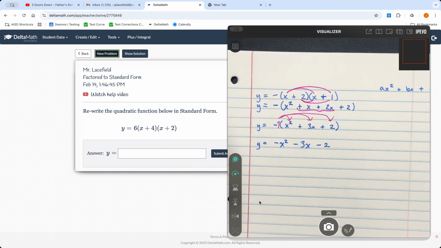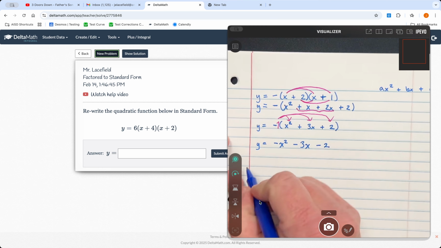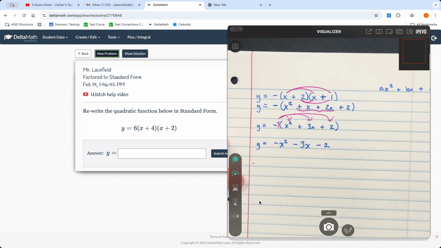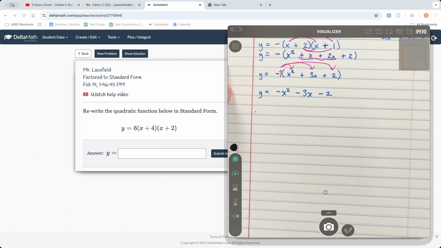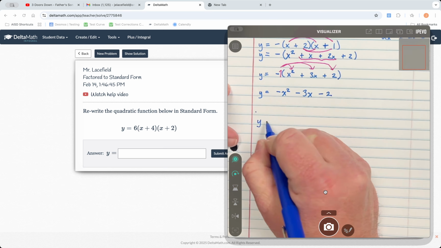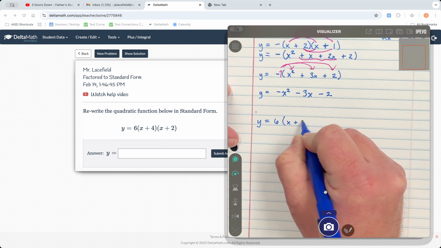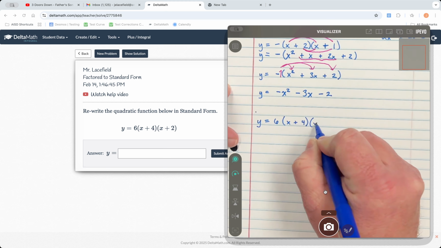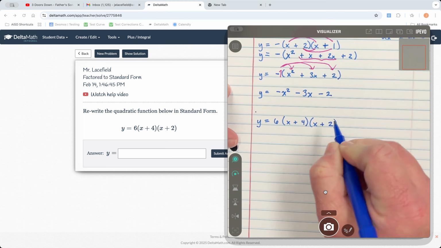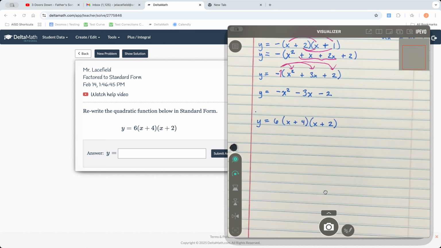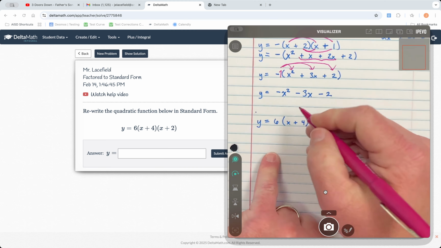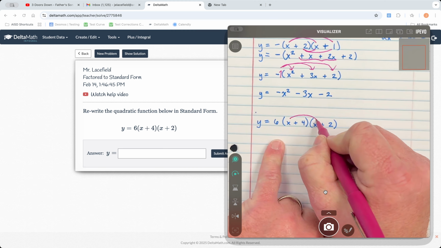Okay, and we'll do one more example. We have y equals 6 times (x plus 4) times (x plus 2). First things first, we're going to FOIL.